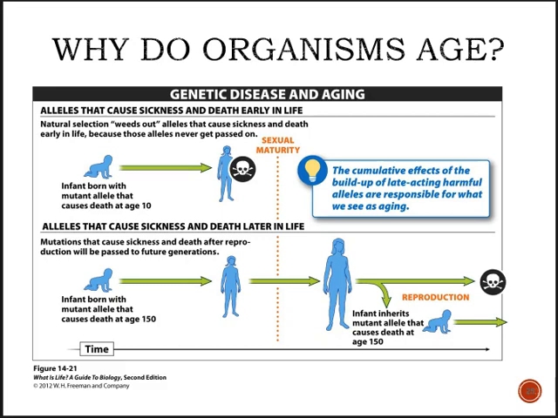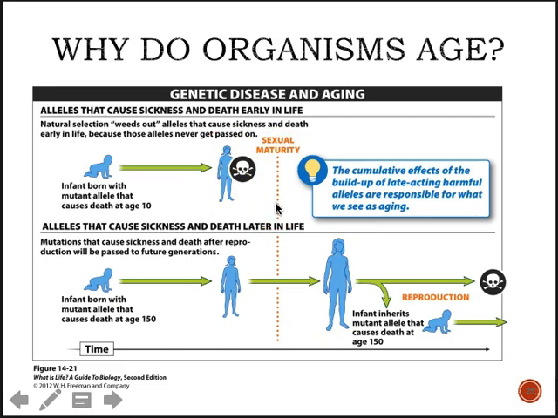And if you happen to have a genetic disease that kills you before you reproduce, you're not going to pass that genetic disease on to your offspring, right? Because you're dead. So any allele that causes sickness and death early in life is not going to be passed on, right? Hopefully this makes sense.